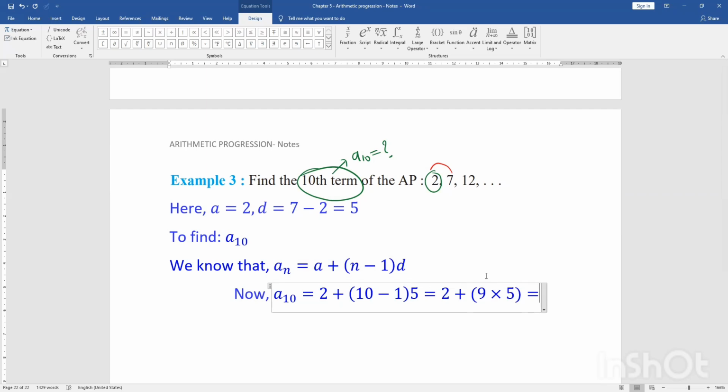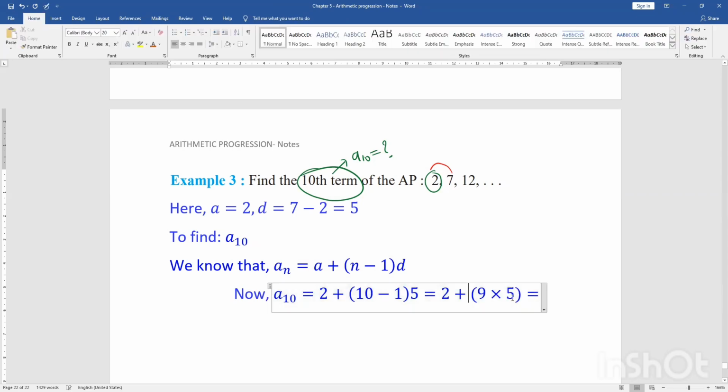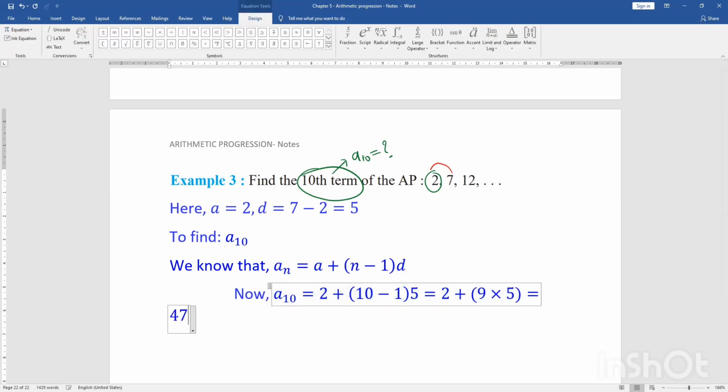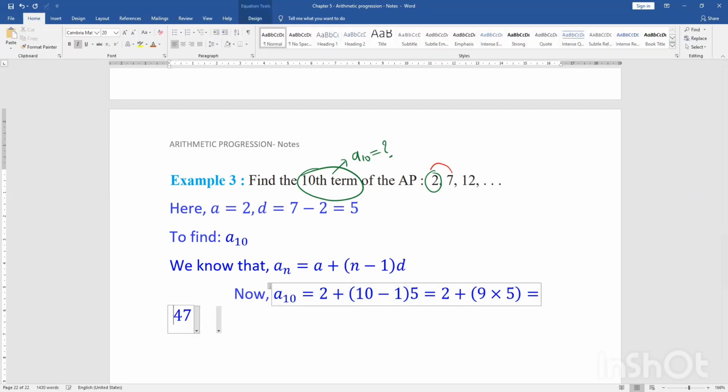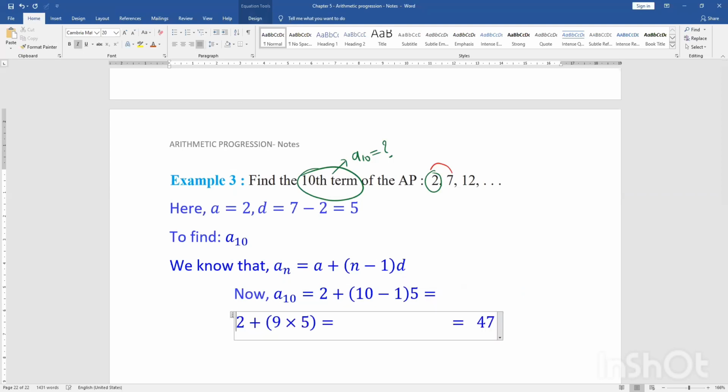So 9 fives are 45, right, children? So 45 plus 2 will be equal to 47. Got it? So the value will be 47. Put it here.